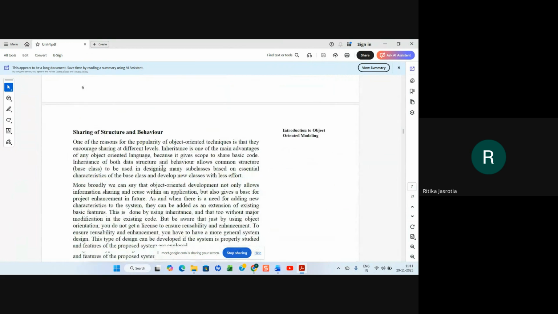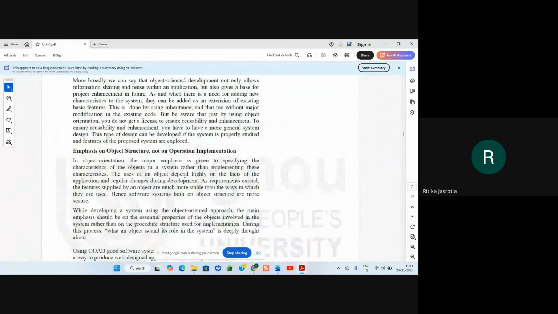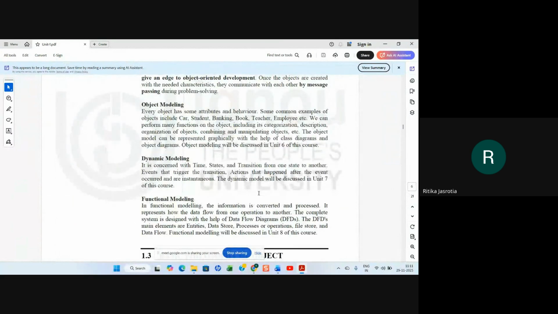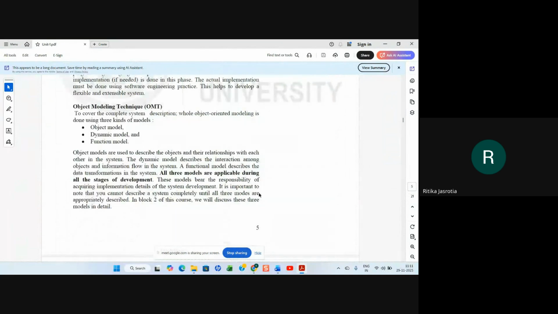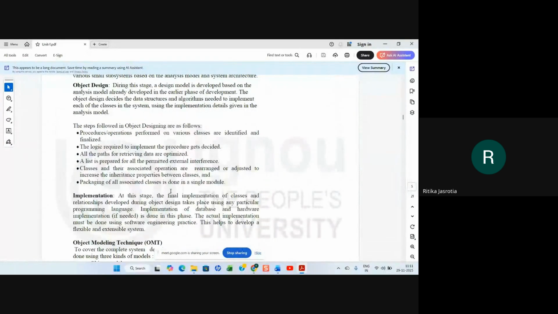This is one of the advantages. The other advantage is emphasis on object structure, not on operation implementation. These are the two basic philosophies of object orientation, or you can say the advantages. So those things you should write.